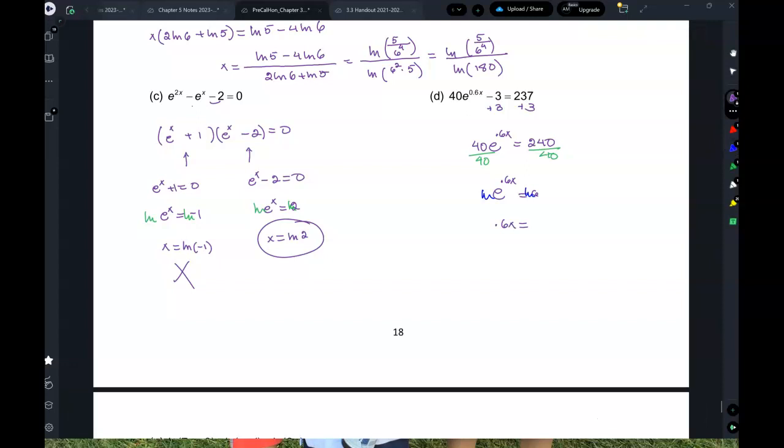So 0.6x is ln of 6. x is ln of 6 over 0.6. In a situation like this, we never leave it that way because you should never have a fraction with decimals inside. That's a complex fraction that is not simplified. So we just plug it into the calculator and we get 2.986.